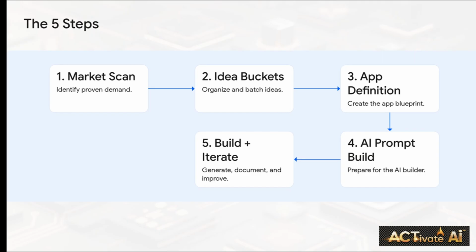So here are the 5 steps at a glance. You can see the logical flow immediately, and it starts with a broad market scan, then funnels down into these organized idea buckets and zooms in to define a single app, prepares the blueprint for an AI, and then finally it enters a continuous loop of building and iterating.